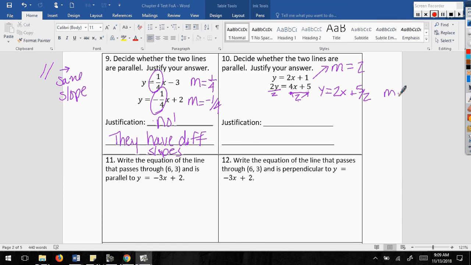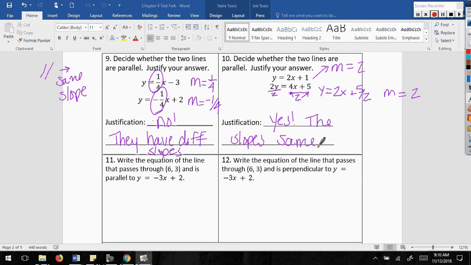Okay? So the slope for this one is also 2. So yes, these lines are parallel because the slopes are the same.